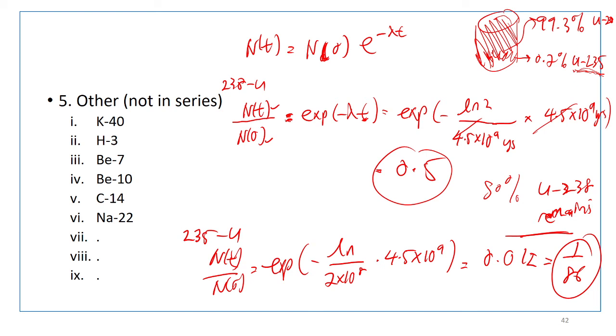So this calculation is the proof of why in the natural uranium ore, 99.3% is represented by uranium 238, and the rest, 0.7%, is only uranium 235.